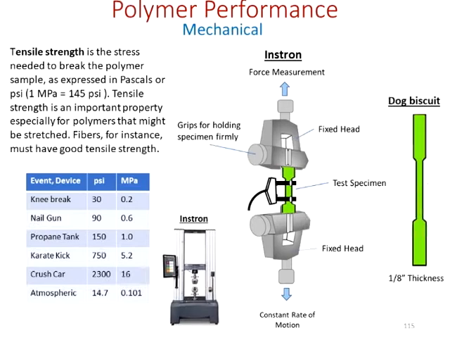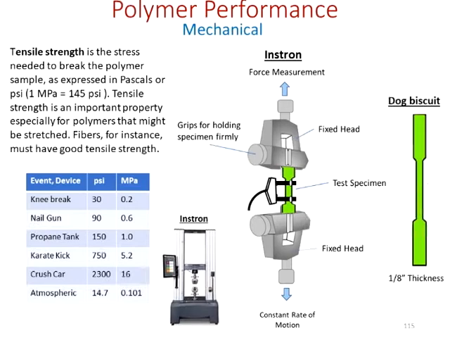So you have your Instron here, and you have the polymer cut in what's called a dog biscuit, and you put it in between these two jaws, and the jaw basically rises or is moved up, and clamped between the grip, and the test specimen is measured. That's essentially what happens. So we show you the schematic here of one, and then we show you what one might look like, a model of one on the page here as well. So this is what the instrument looks like, and this is how we acquire these values.